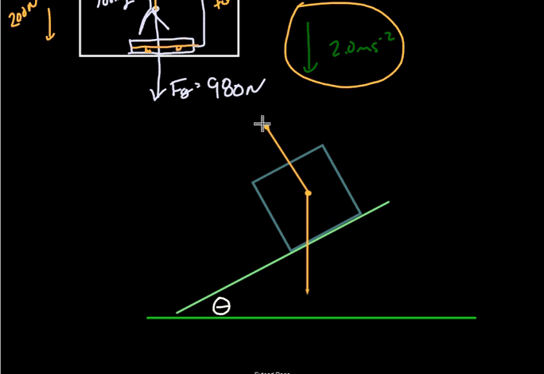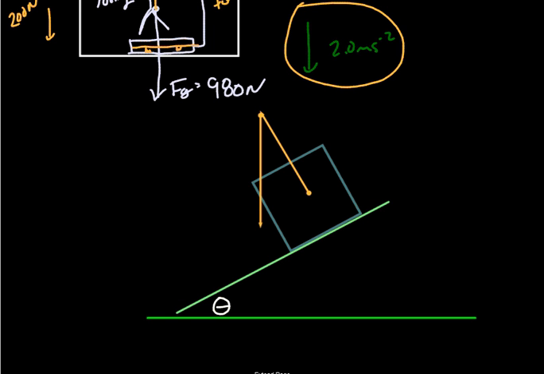These guys are both acting on this object now, right? Remember, the normal force is perpendicular to the surface. From before, we learned that when more than one force is acting on an object, we sum those forces together. So if we move these such that they are tip to tail, we can do vector addition.